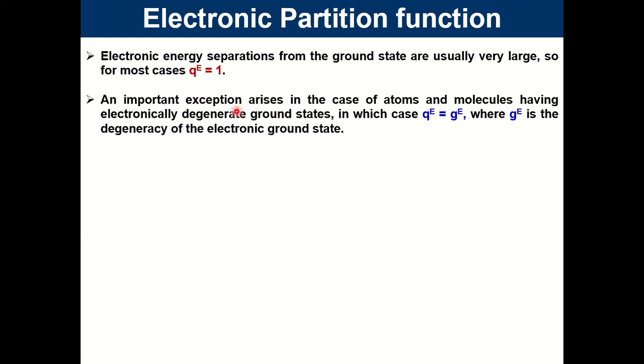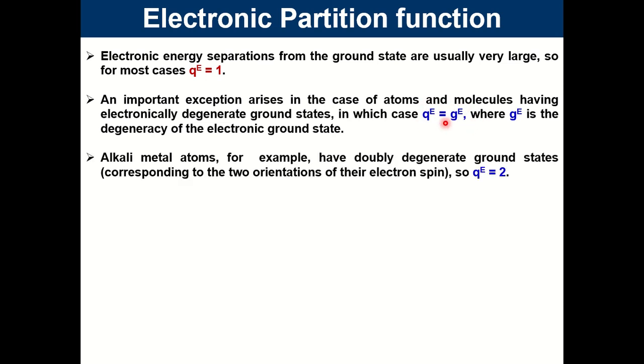The situation is different when the ground state itself is electronically degenerate, in which case the partition function will be equal to the degeneracy of the system we are talking about. Such an example we have in the case of the NO molecule, nitric oxide.